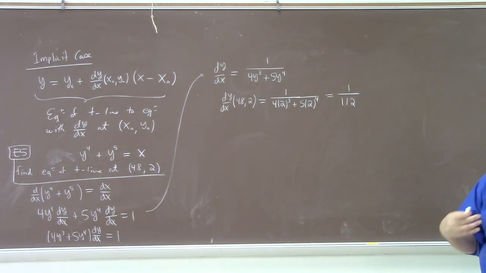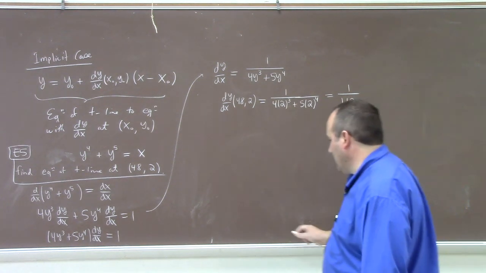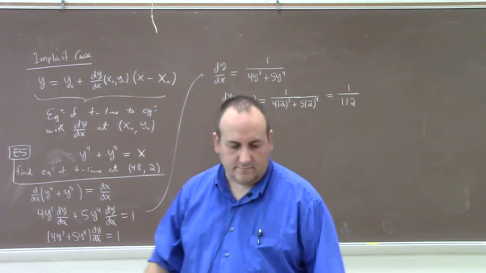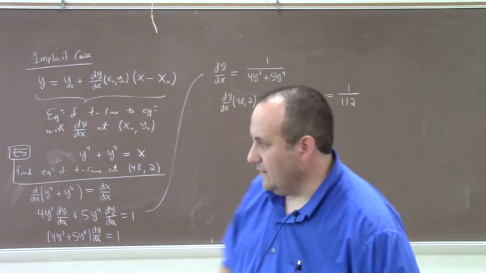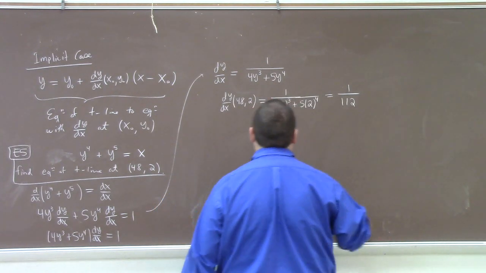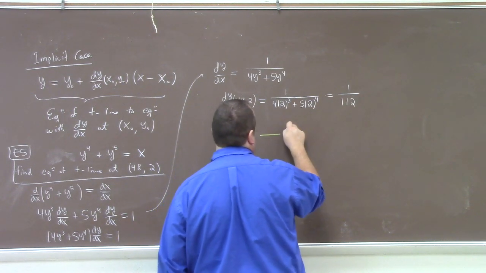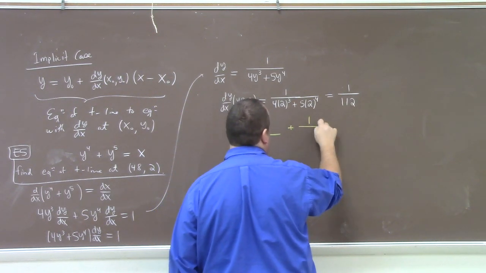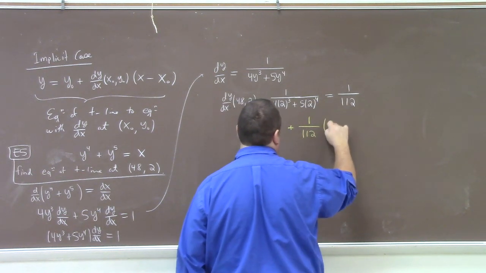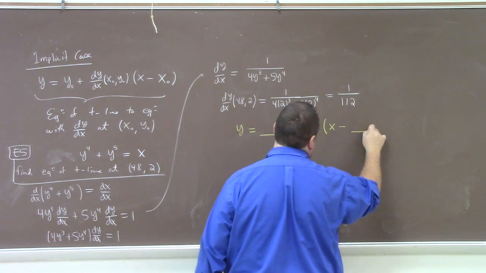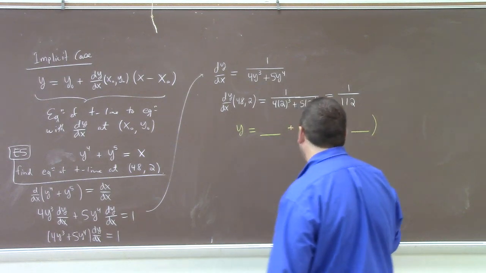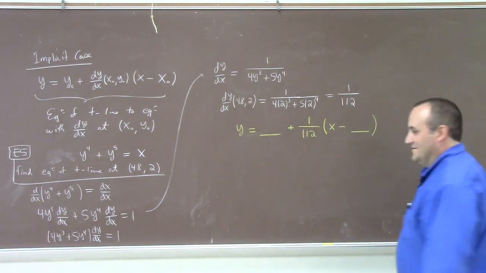What's the equation of the tangent line, though? So you guys tell me. I'll start us out here. I'm going to say y equals blank plus, I'll put the 112 in for you, parentheses x minus blank. So fill in the blanks for me.